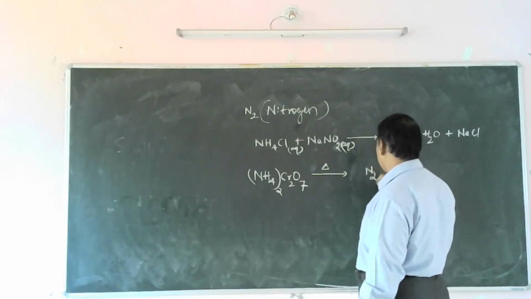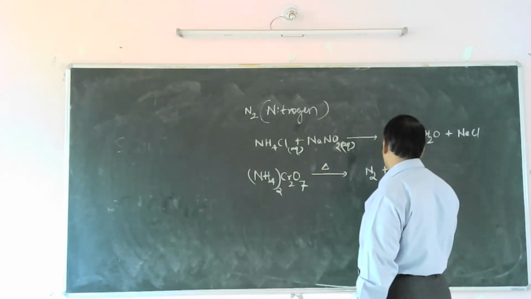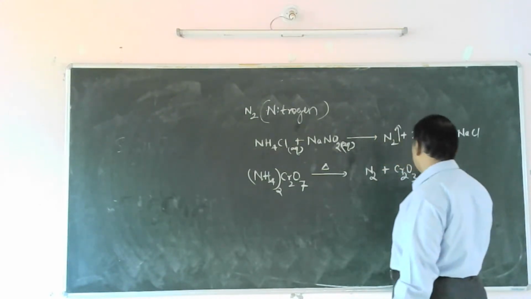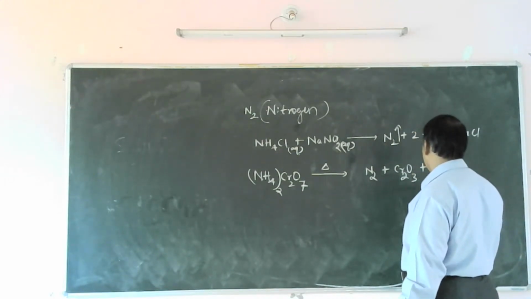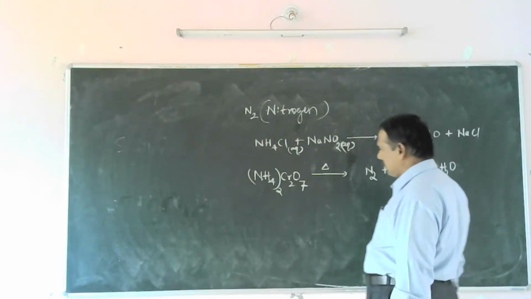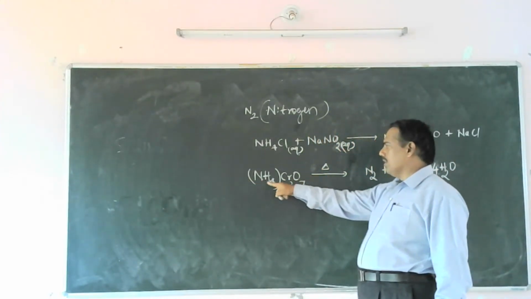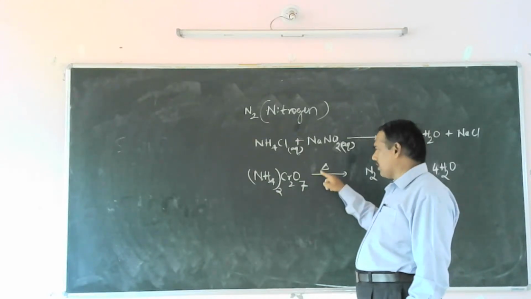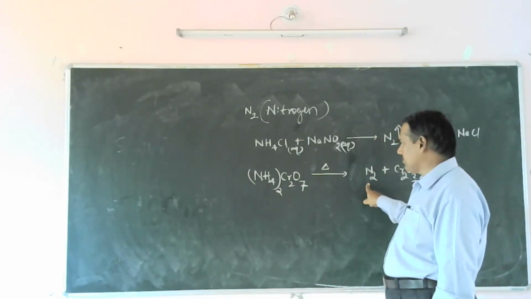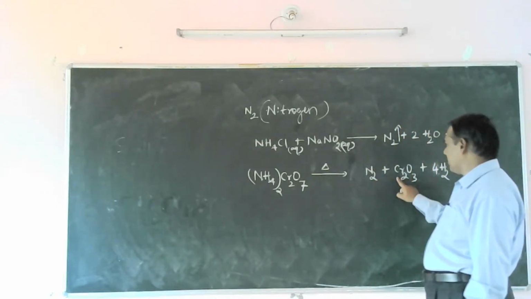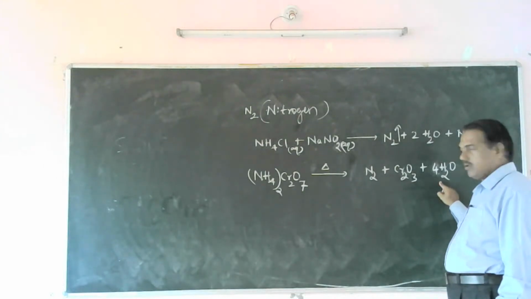Concentrate on the equation. Ammonium dichromate on thermal decomposition gives dinitrogen gas, then chromic oxide and water.